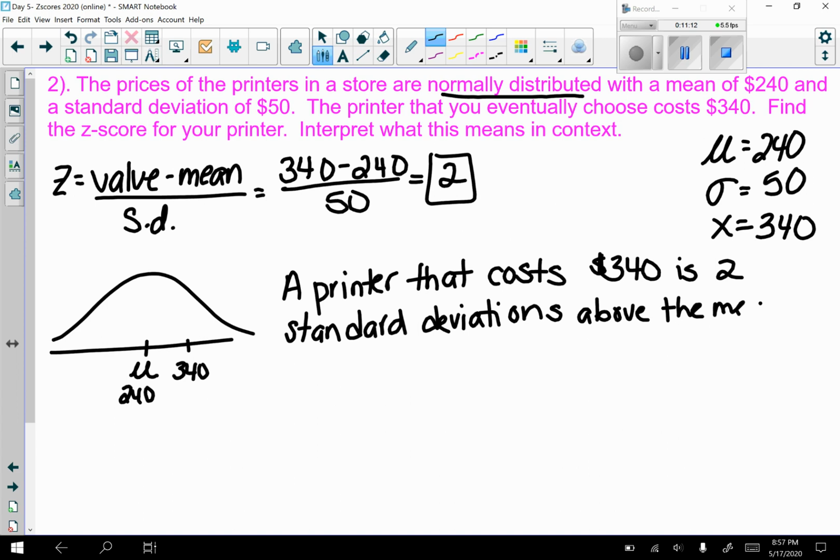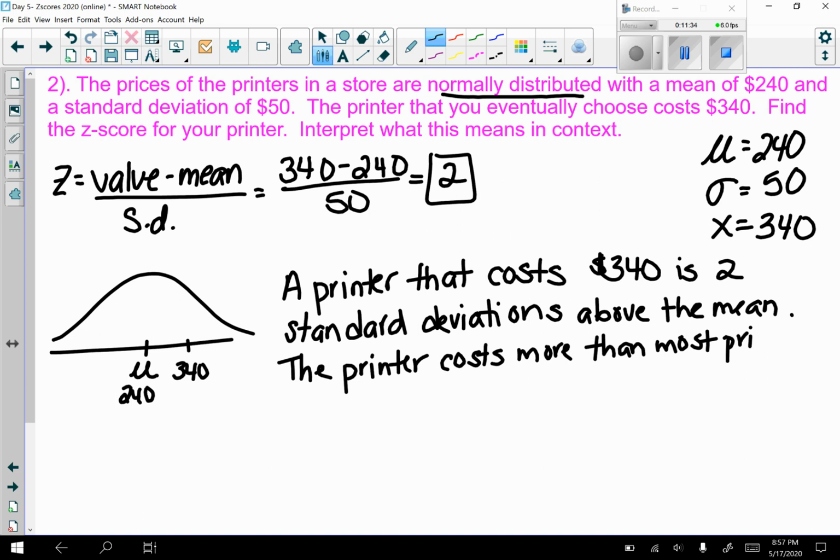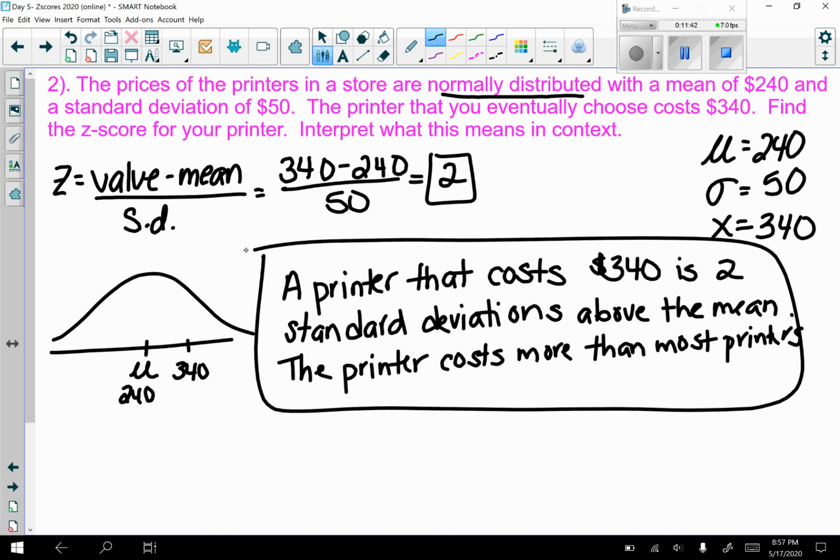So what does that mean, really? It means the printer costs more than most printers. So if you wanted to add that as well, you could. The printer costs more than most printers. And that's my interpretation.